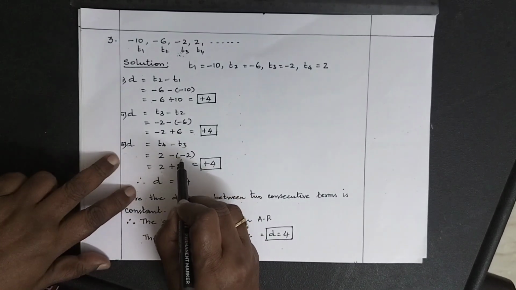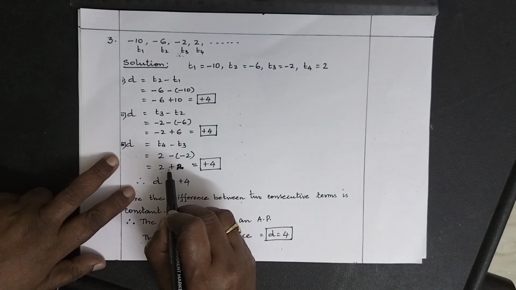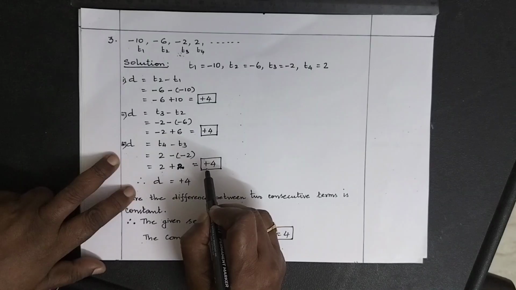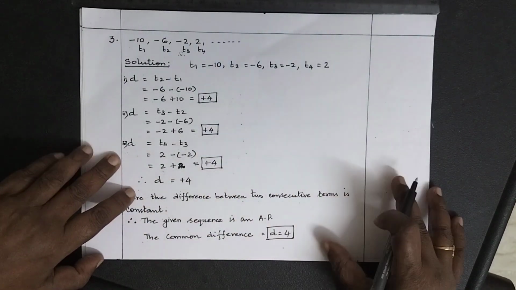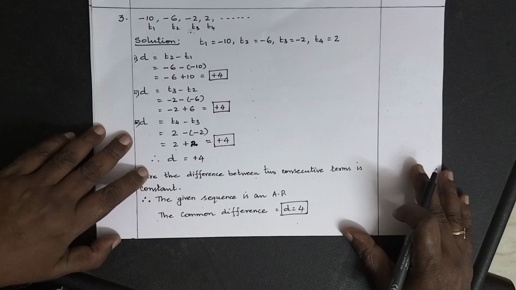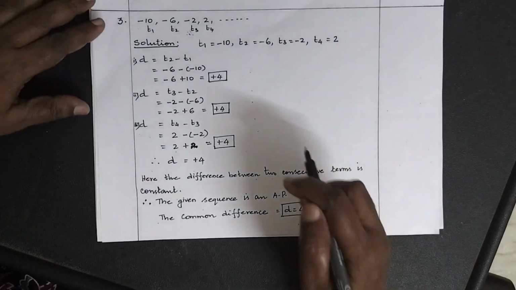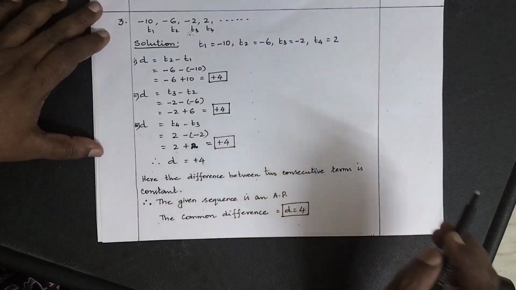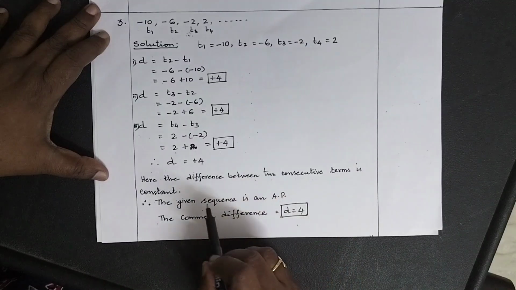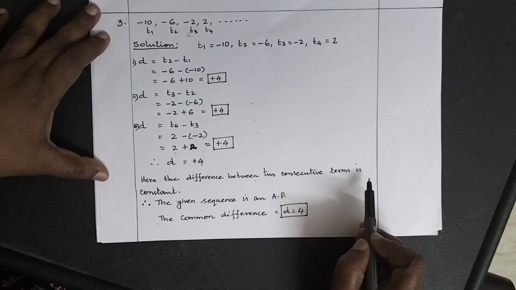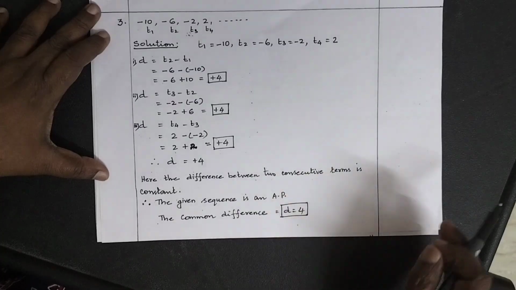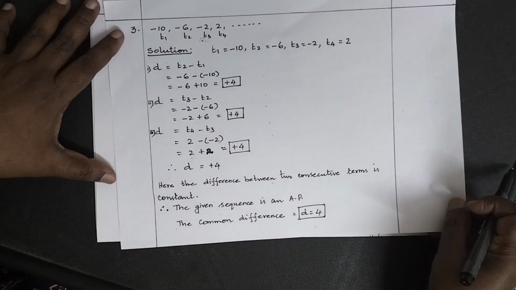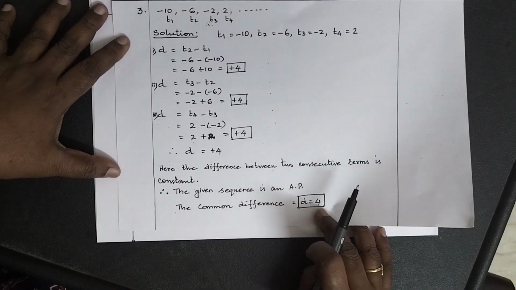Minus of minus is again plus, so 2 plus 2 is equal to 4. In all three cases, the common difference is 4. It is constant. Since the difference between two consecutive terms is constant, the given sequence is an AP. The common difference is 4.